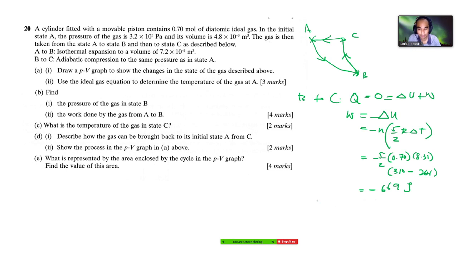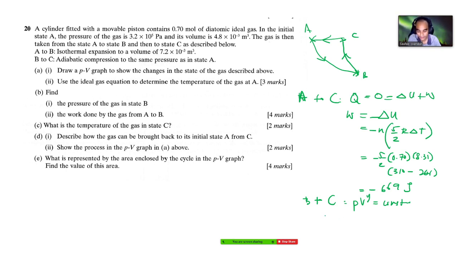Okay, B to C, oh sorry, this is A to C. B to C, you can use PV gamma equals constant, because B to C is adiabatic.